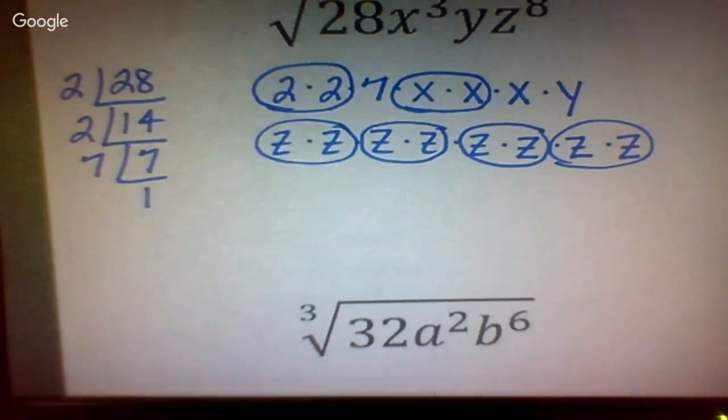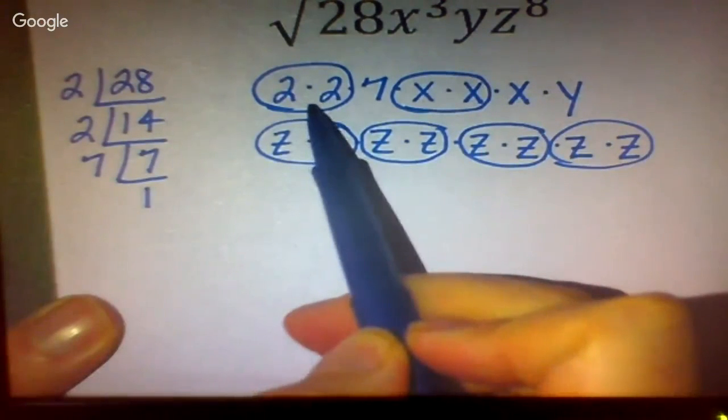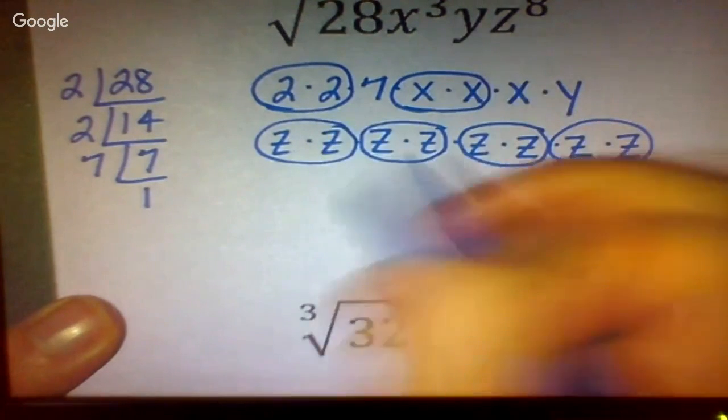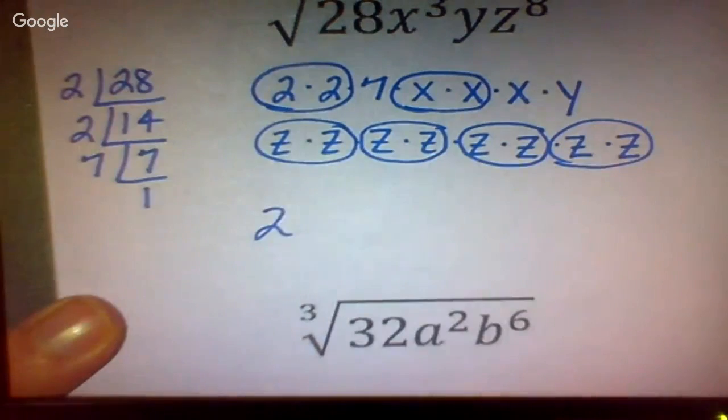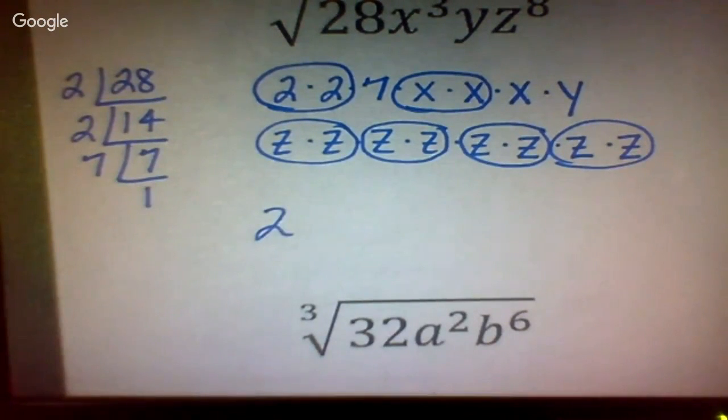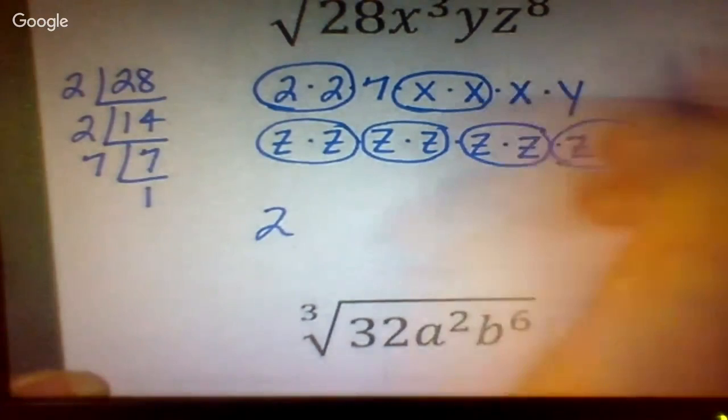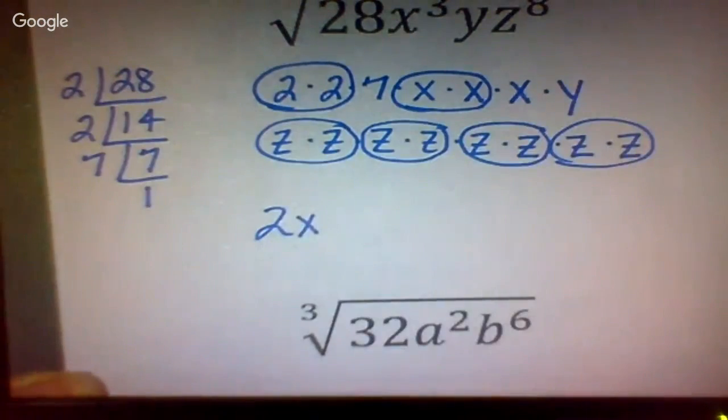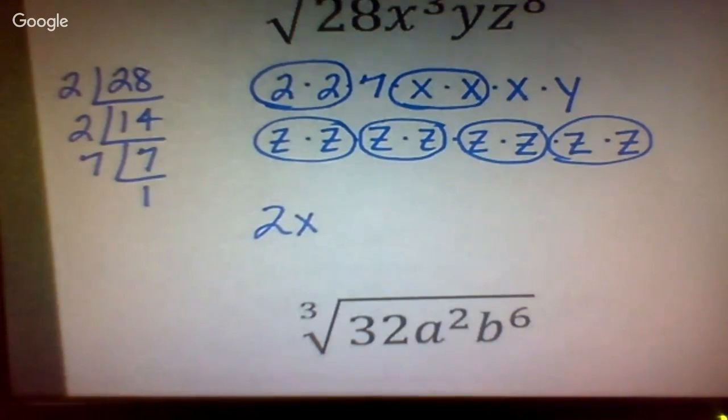We have one last step and we're finished. Okay, so this is a 2. I circled 2's. So I pull a 2 out front. How many times did I circle 2's? Once. So leave it alone. I also circled an X. How many times did I circle them? 1.